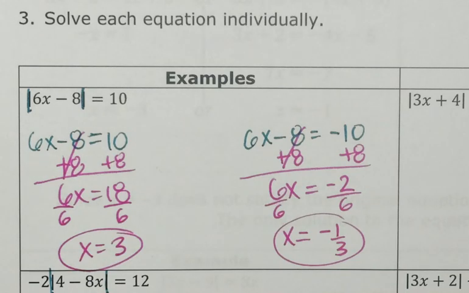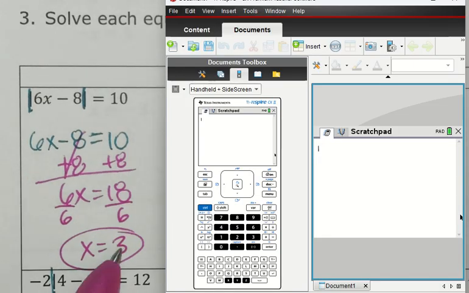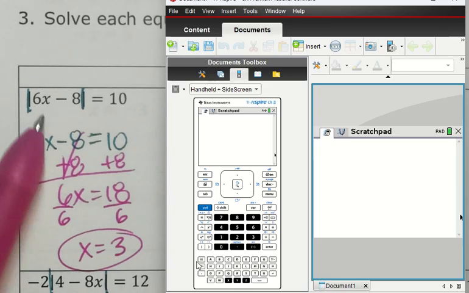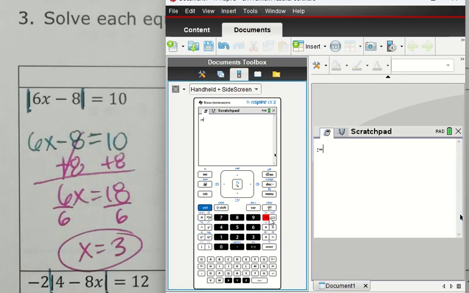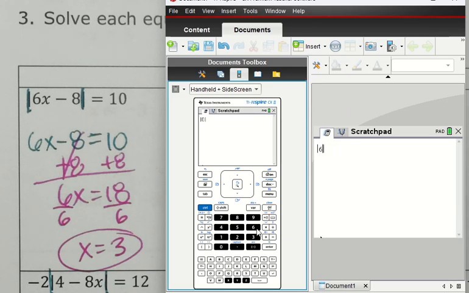If for some reason you feel like those answers are not correct, you can always use your calculator and check. So what you're doing is you are substituting this x value that you calculated in there. So we can write absolute value, 6 parentheses 3 minus 8, get out of the absolute value, equals 10. So that is true.